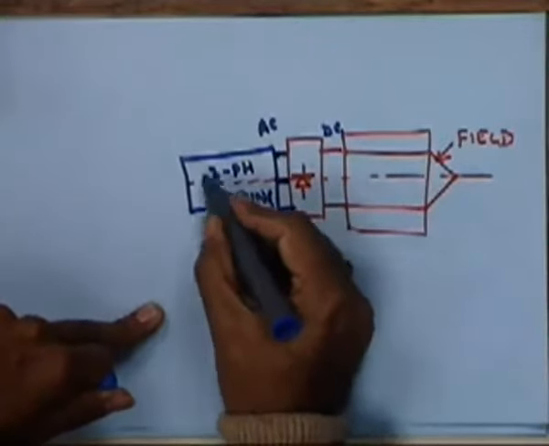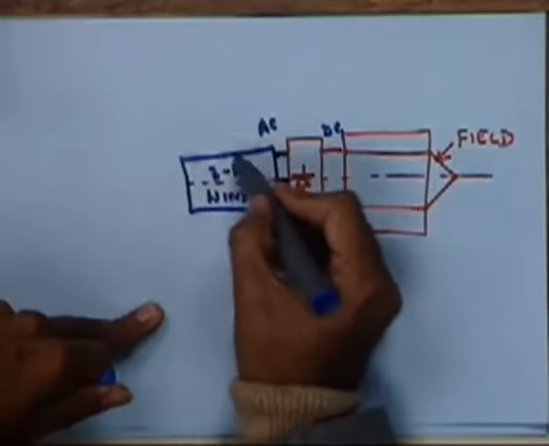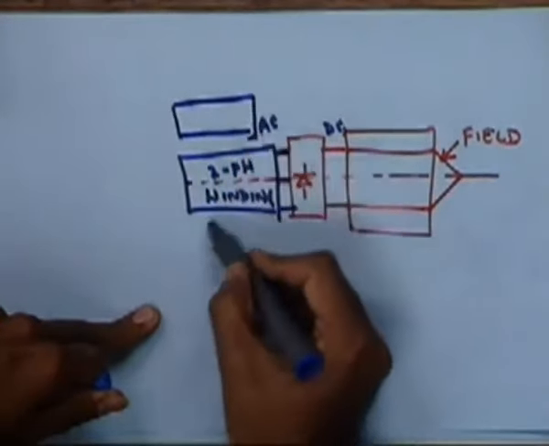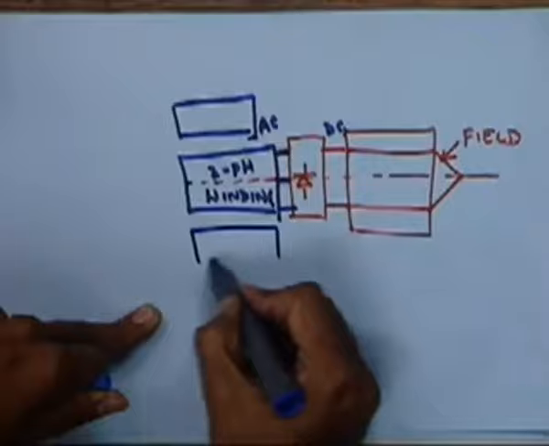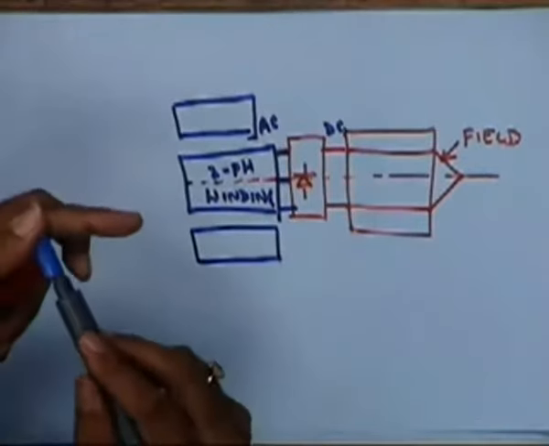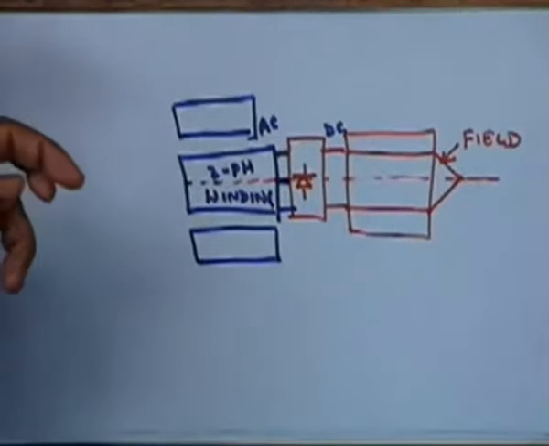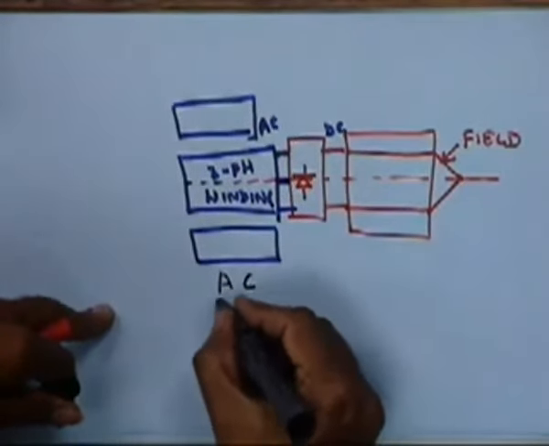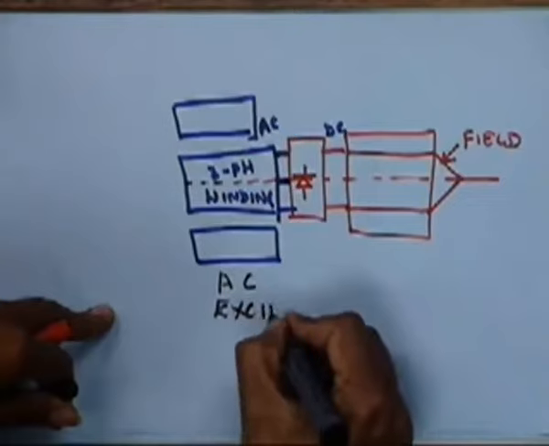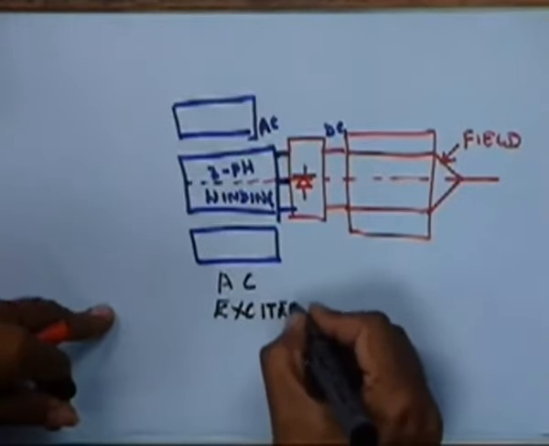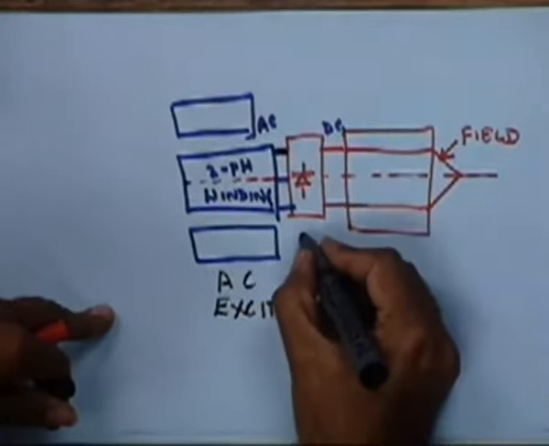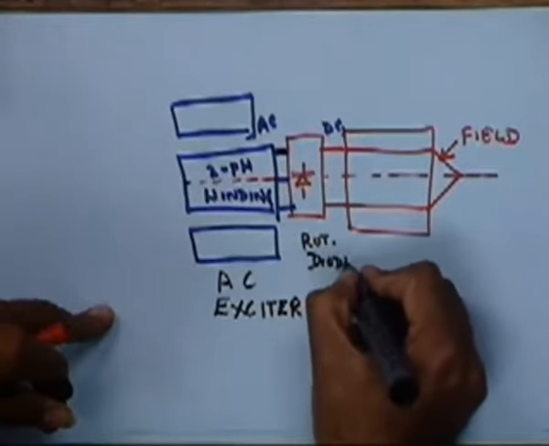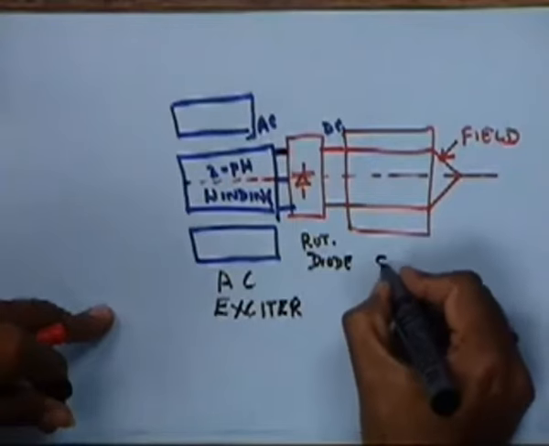Now these 3-phase windings are in the rotor of another device called an AC exciter. So this is an AC exciter. This is the rotating diode, and this is the synchronous machine.